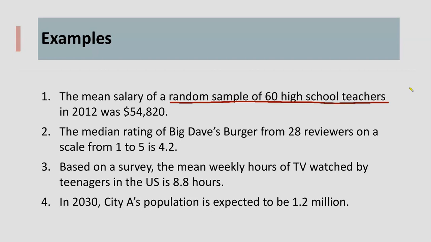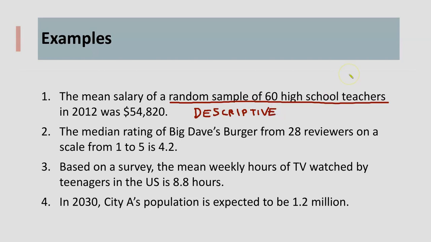Obviously, data has been collected from this sample and is being summarized by this sample mean, and therefore the key thing with random sample information is that this is descriptive. So when you can tell with the examples that it's information from a sample, it's going to be descriptive statistics.